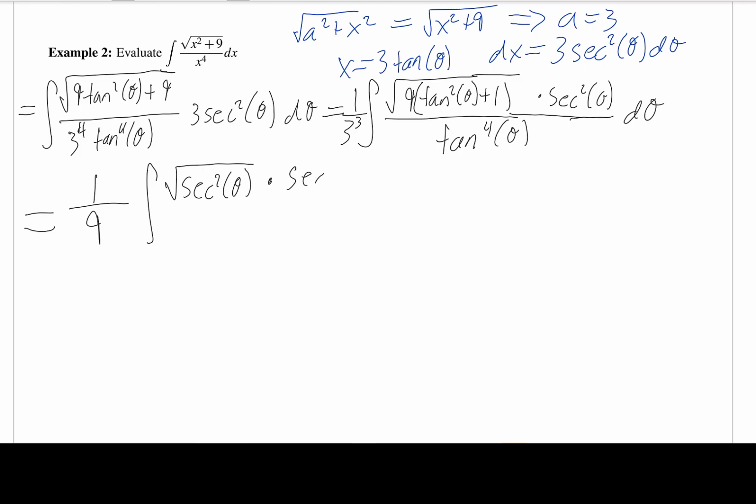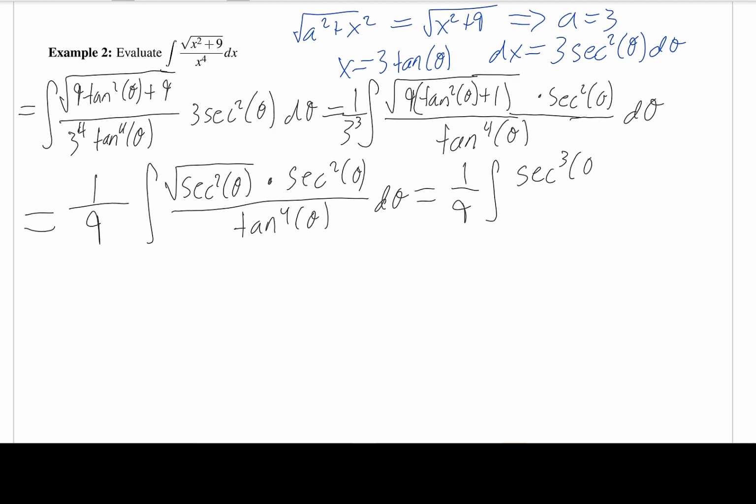And then times secant squared theta divided by tangent to the 4th of theta. So this will give me 1/9 times the integral of. So the square root of secant squared theta would be secant theta. So we'll end up with secant cubed theta on top, divided by tangent to the 4th of theta, d theta.